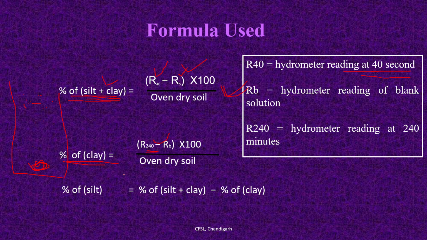So the percentage of clay comes from this formula, and once you have the percentages of clay and silt, the percentage of sand can be calculated as 100 minus the percentage of silt plus clay. Then you can get the 3 components of this soil.